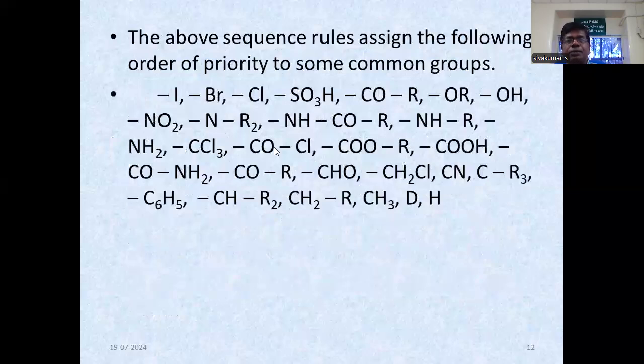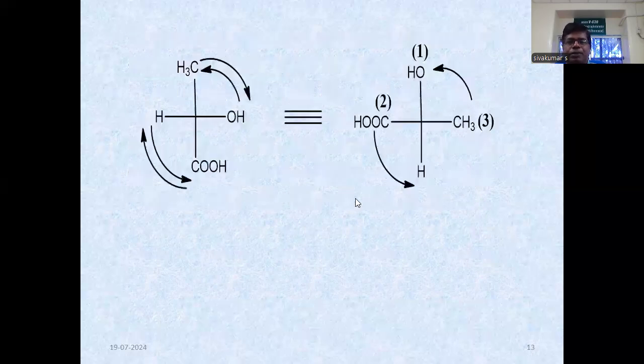Now by applying all these sequence rules, we assign the priority order for certain kinds of atoms and groups.